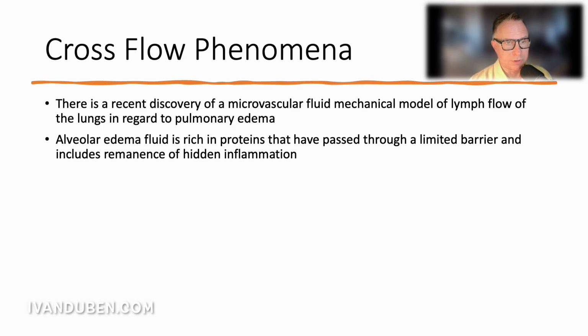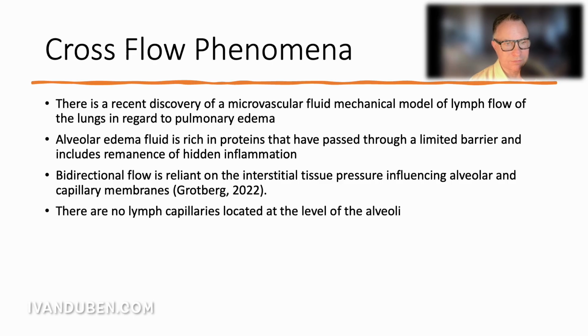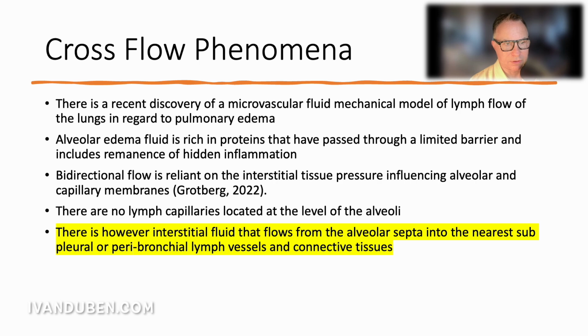Alveolar edema fluid is rich in proteins that have passed through a limited barrier and includes remnants of hidden inflammation. Bidirectional flow is reliant on the interstitial tissue pressure influencing alveolar and capillary membranes. There are no lymph capillaries located at the level of the alveoli.